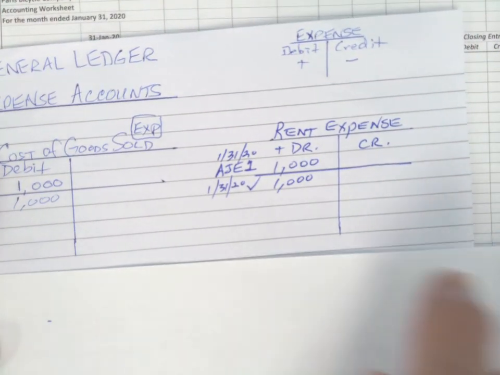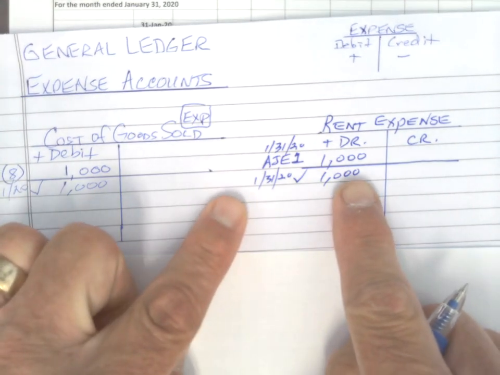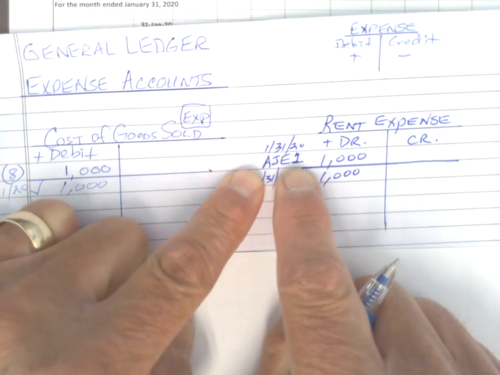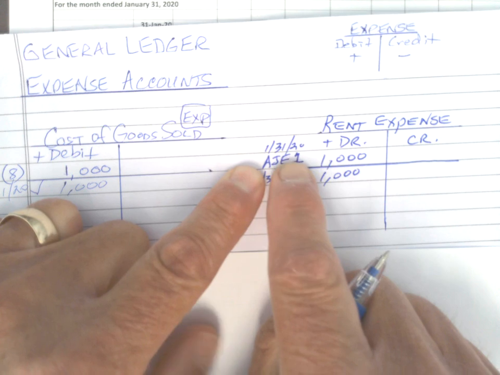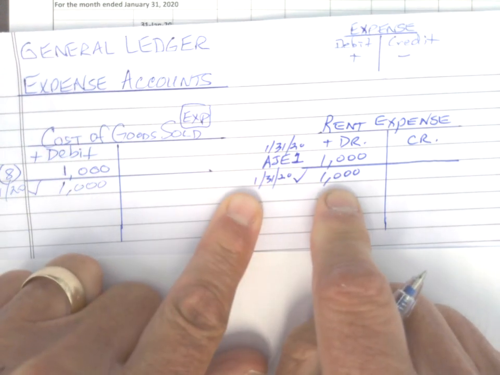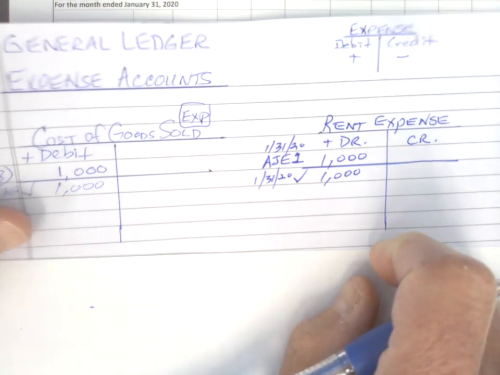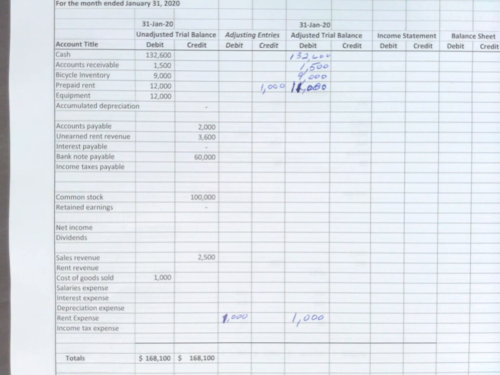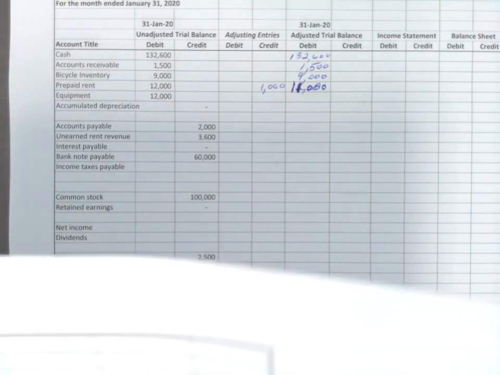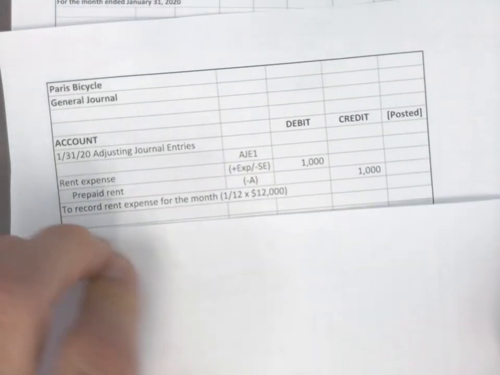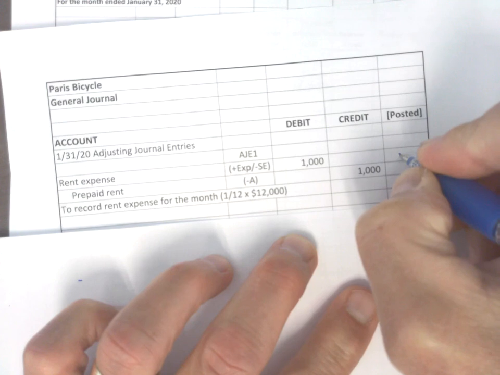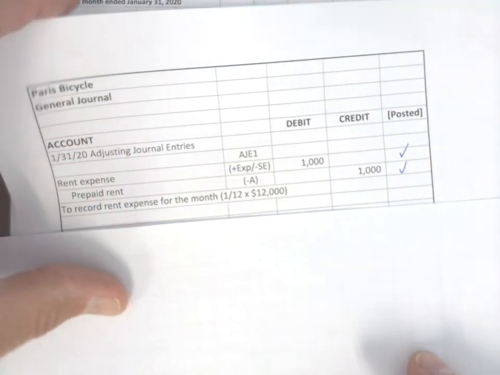And there is the rent expense debit, adjusting journal entry number 1, which occurred on 1/30/20, and that leaves a balance of 1,000. Okay, so now, by virtue of that, go back to our journal and indicate that indeed we have now posted this journal entry to both places.